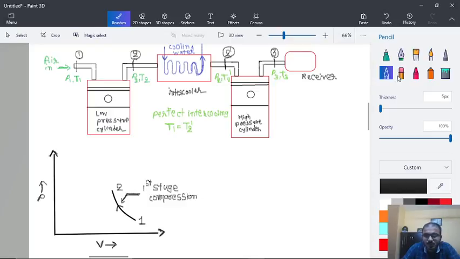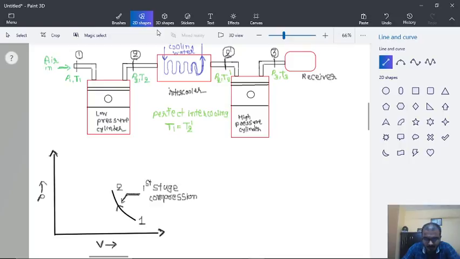And the same can be shown on the TS diagram.